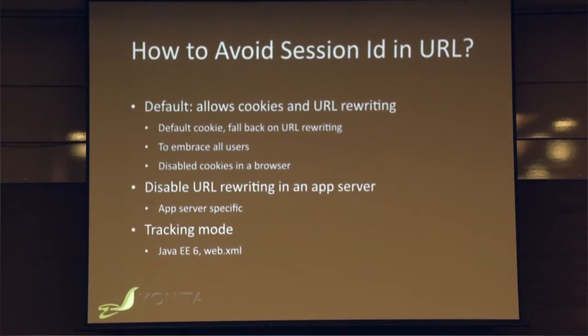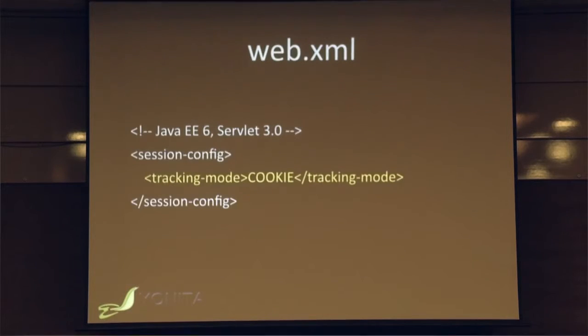You can disable URL rewriting in an app server, and this is an app server specific option. Or we can use a tracking mode, a configuration parameter in web.xml. By setting tracking mode in session config in web.xml to cookie, we disable URL rewriting. This parameter is available since Java EE 6 and Servlet 3.0.